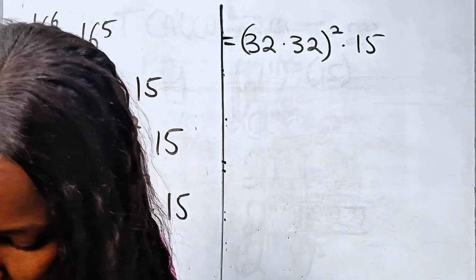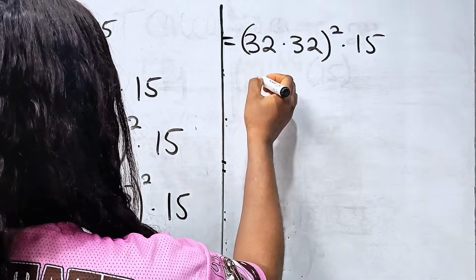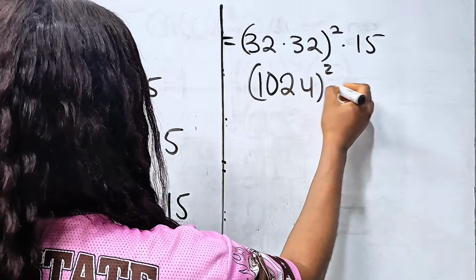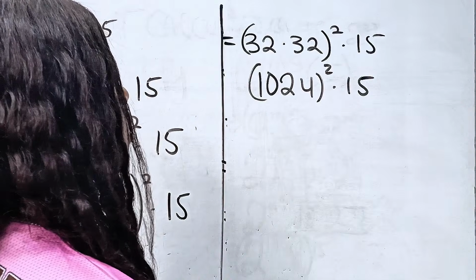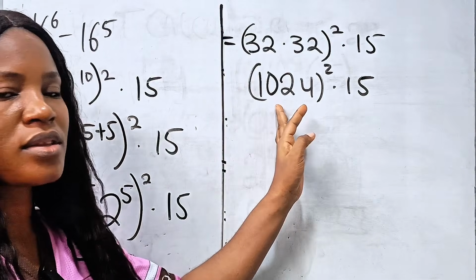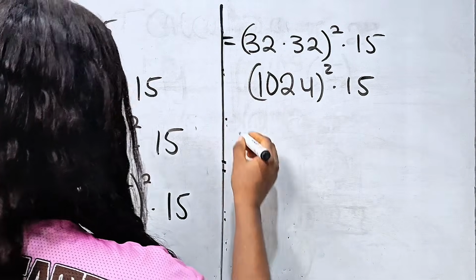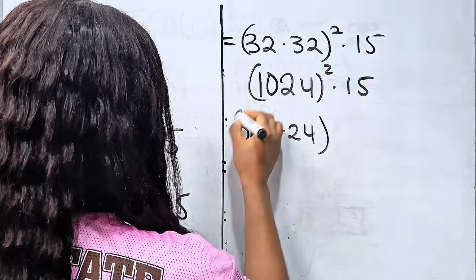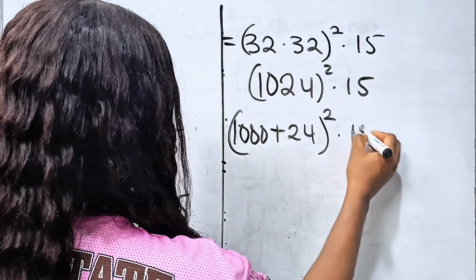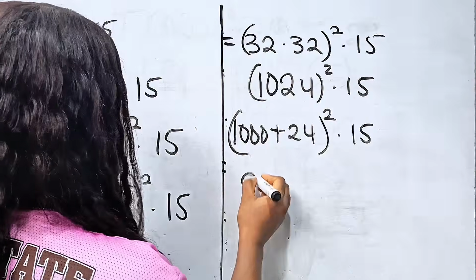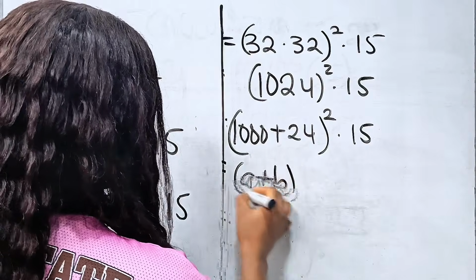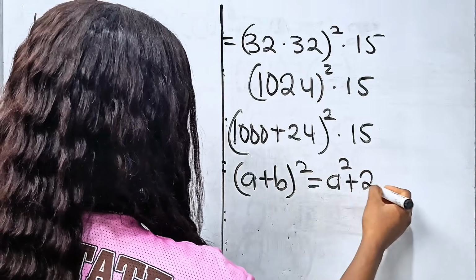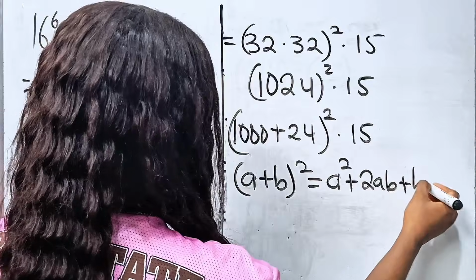So we have 1024 squared multiplied by 15. Now we can separate this into 1000 plus 24, all squared, multiplied by 15. Now remember that (a plus b) squared is equal to a squared plus 2ab plus b squared.